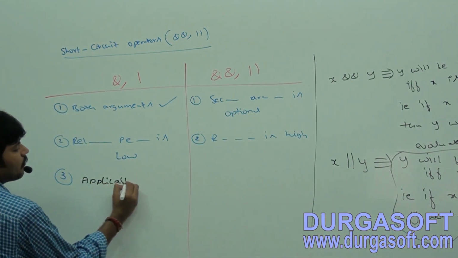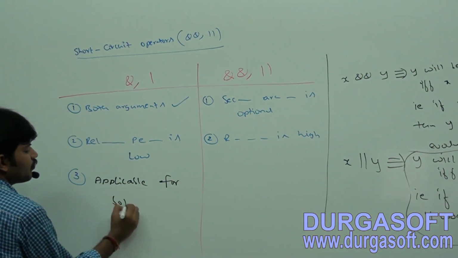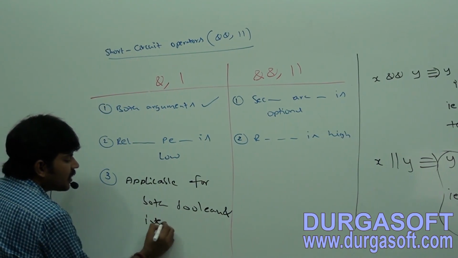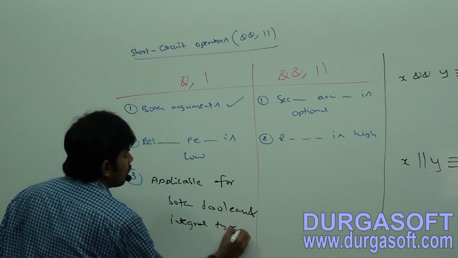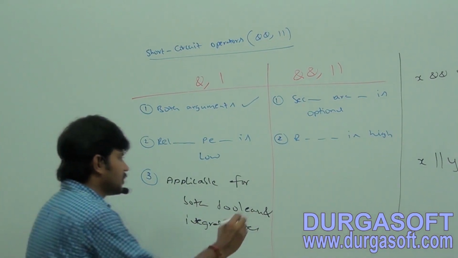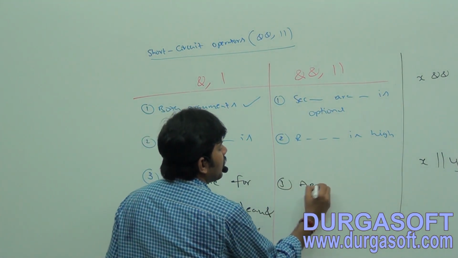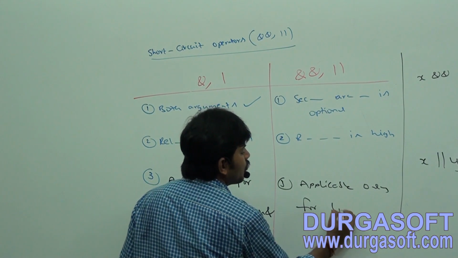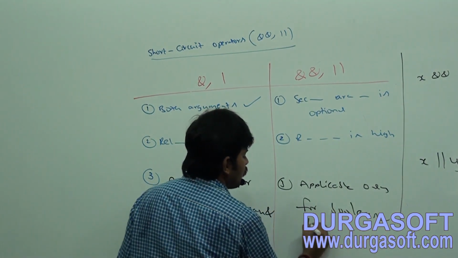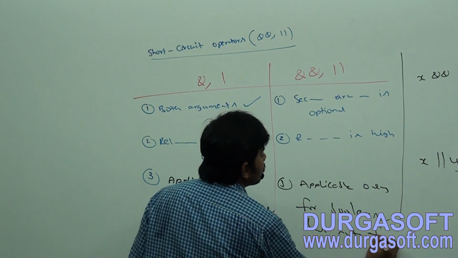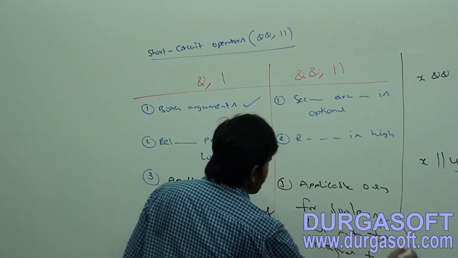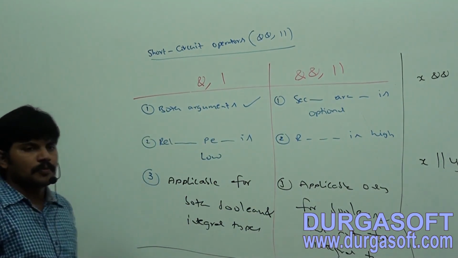Normal operators are applicable for both Boolean and integral types, but short circuit operators are applicable only for Boolean but not for integral types. I hope you people are aware.